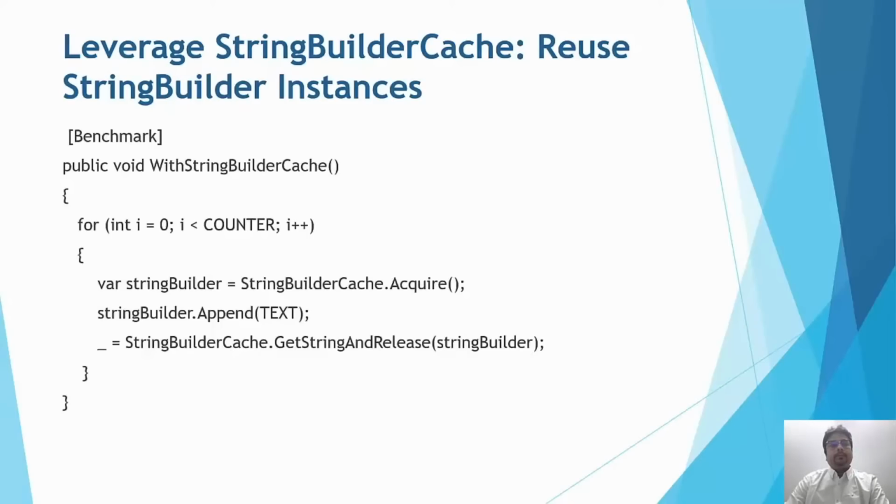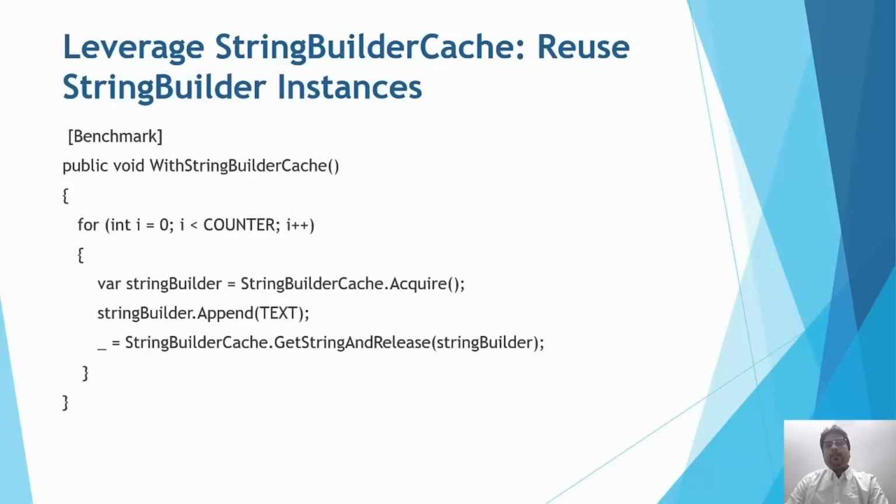What happens here is that when we make a call to StringBuilderCache.Acquire, if the string builder instance that we are trying to retrieve is available in the cache, it will be returned.